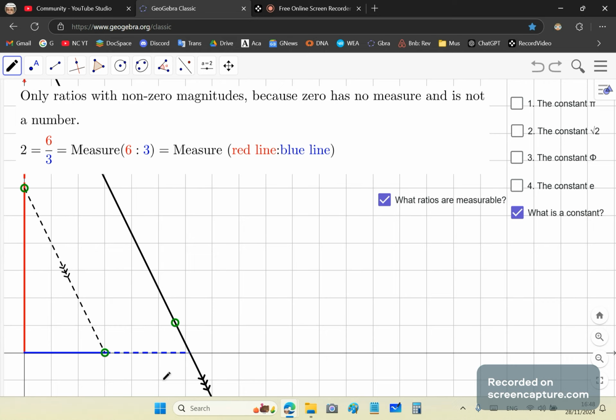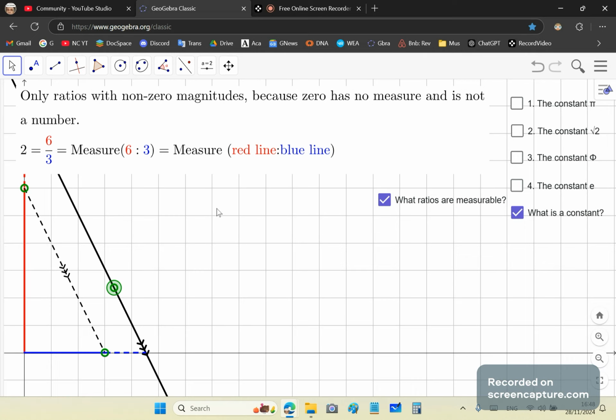So that's what happens when you work with ratios, and why any ratio that's in proportion has the same measure, okay? And of course, as you see, you can't have a 0-0 ratio. That's just nonsense, right?